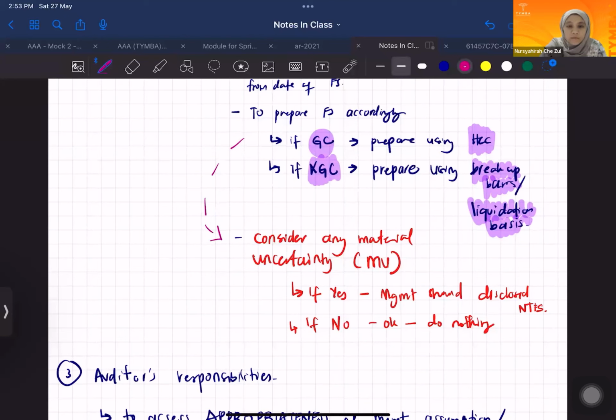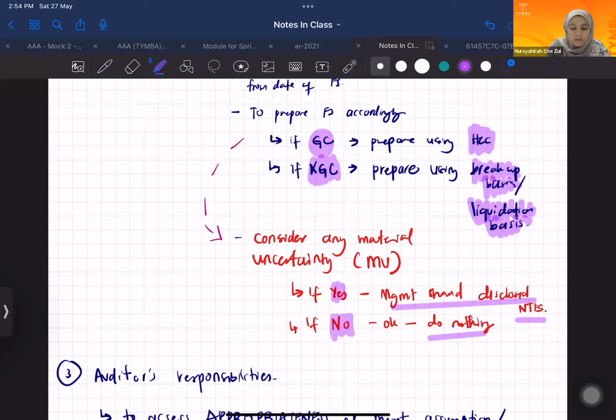So if the company has MU, management should disclose in the notes to financial statements. They should disclose that the bank overdraft facility has reached certain limit and the bank is still uncertain whether they want to continue or renew the bank overdraft facility or not. Things like that. If there are no issues, then you can do nothing.